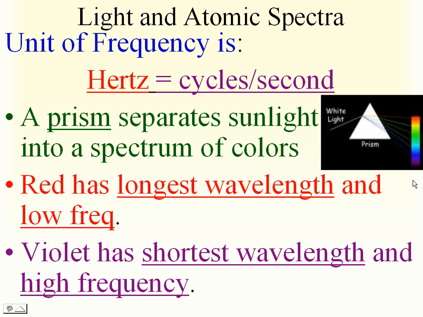Violet has the shortest wavelength and the highest frequency. So we get more wavelengths through a given point with violet because it's short. Red, we get fewer wave cycles through a given point at a given time.